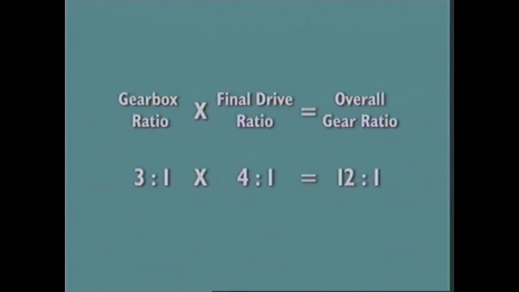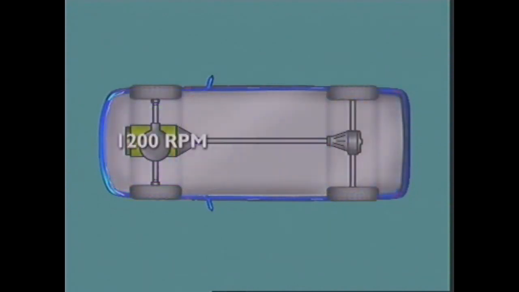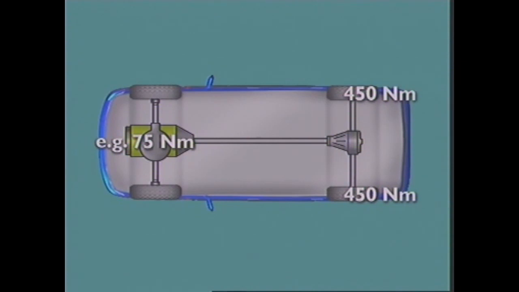A gearbox ratio of 3:1 with a final drive ratio of 4:1 gives an overall ratio of 12:1. 12 revolutions of the crankshaft result in 1 turn of the driving road wheels. Assuming 100% efficiency, the torque applied is 12 times the engine torque, although this is divided equally between the driving wheels.